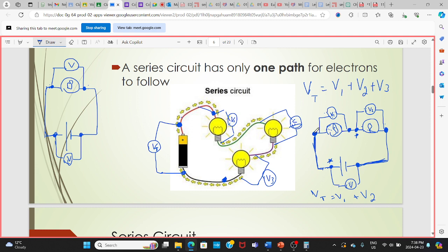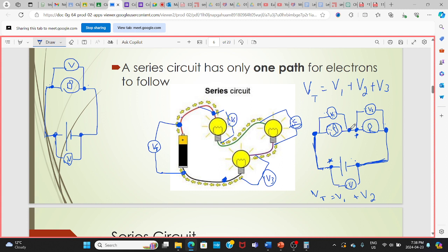Okay. So this end is connected to this end without interruption, but the other end has to pass through the load to get to this, right? So this end is not going to be the same as this end. That's why they're not going to be the same. Both ends need to connect with each other without any interruption, and then you can say they have the same voltage.